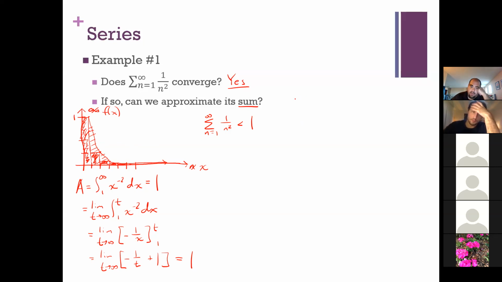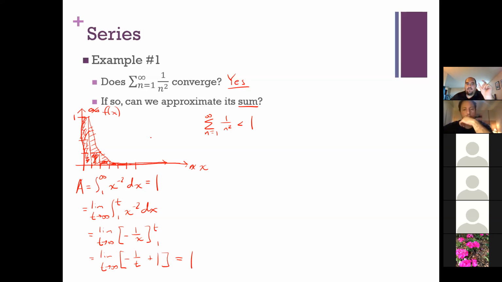Yeah, they're not going to be identical, because typically what an integral really does is it takes these rectangular areas and makes them infinitely narrow. But we don't want to do that with a series. With a series, I'm only looking at this function when x has integer values, so x equals 1, x equals 2, and so on.